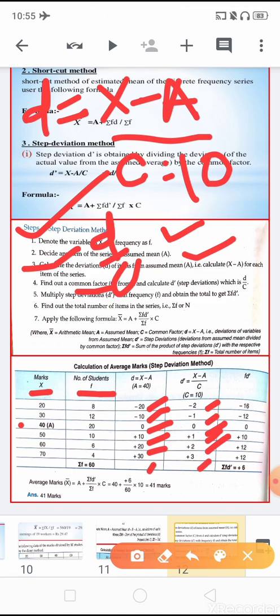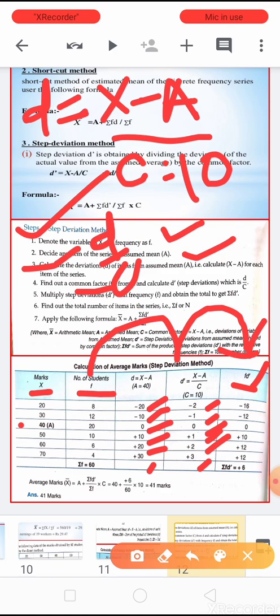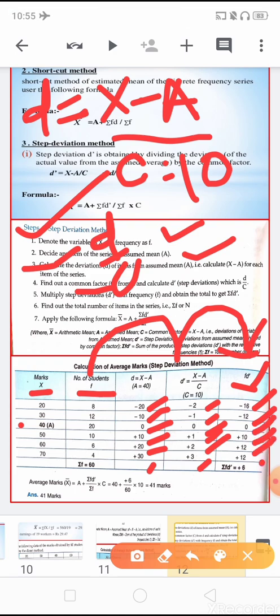Now the next step is multiplying f into d dash. So 8 into minus 2 is minus 16, then minus 12, then 0, then 10, 20, and plus 12. This way we find the value of sigma fd dash.